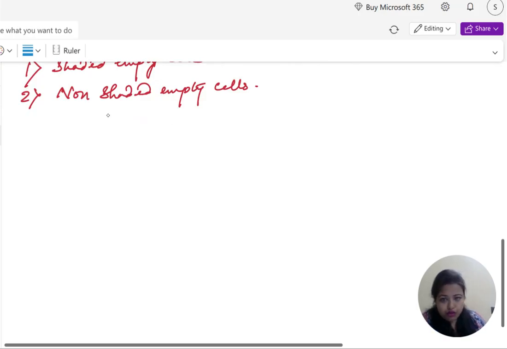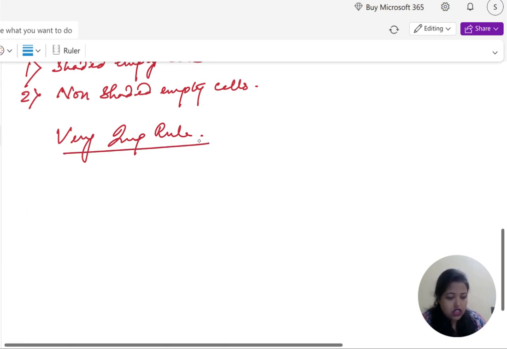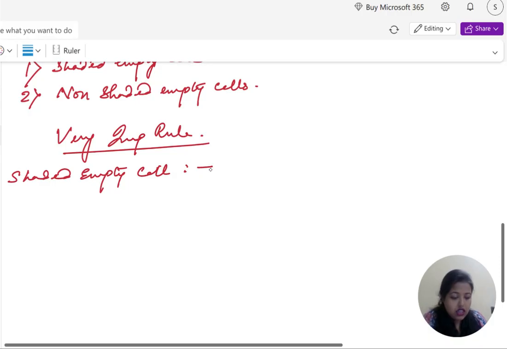A very important rule to remember: shaded empty cells are physiologically impossible sounds. Human vocal tract cannot produce them. For a shaded empty cell, physiologically it's impossible, it's not possible.